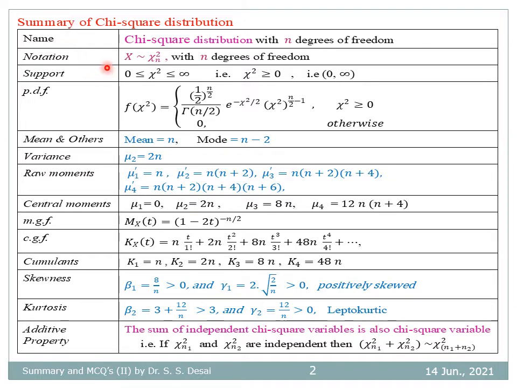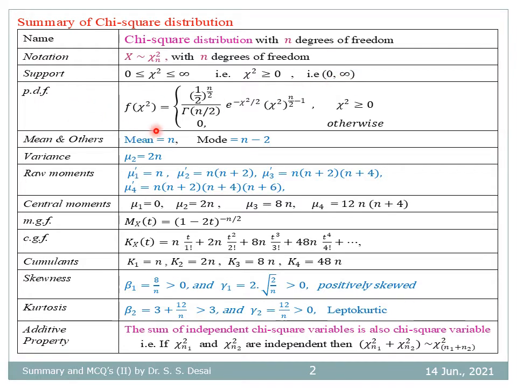So here the notation for chi-square distribution is x follows chi-square distribution with n degrees of freedom. Support set is 0 less than or equal to chi-square less than or equal to infinity. That is, chi-square is non-negative and therefore its support set is 0 to infinity.